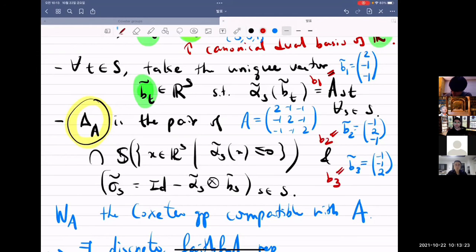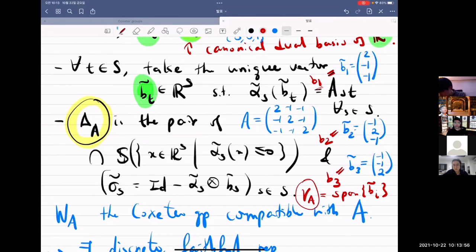But you restrict to the subspace VA, exactly the span of the B. Yeah, VI tilde. Of course I just write B1 is equal to B1 tilde, but what I'm saying is that B1 is considered as a vector in VA. Yeah, I see, that's what you're doing. Thank you very much for the question.